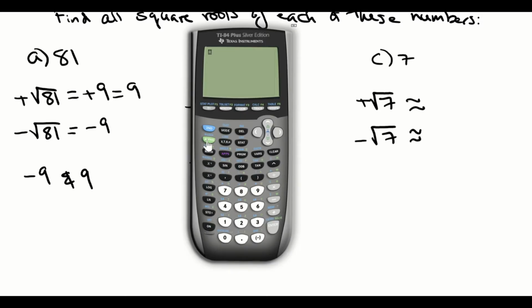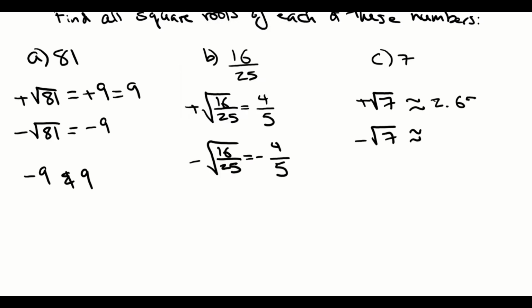We'll use the square root button, which is the second function of the square button, and plug in 7. Your calculator should be able to handle this in a similar manner. So we get approximately 2.65. So positive 2.65 for the positive square root of 7 and negative 2.65 for the negative square root of 7.